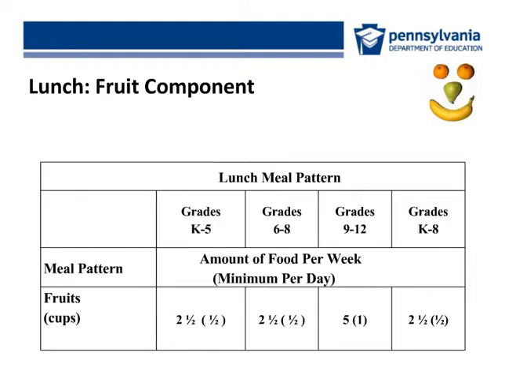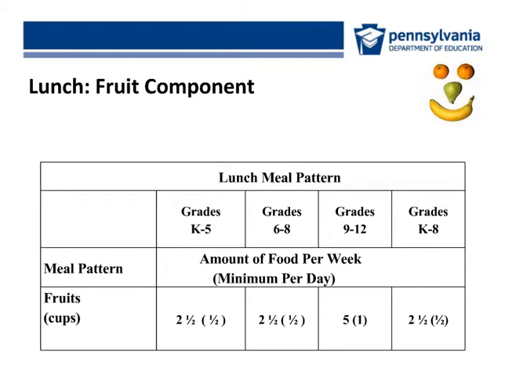This slide here shows the section of the lunch meal pattern chart for fruit. You can see that the minimum weekly requirement at lunch for fruit is 2½ cups for grades K through 5, as well as grades K through 8 and 6 through 8. And a minimum of 5 cups per week for grades 9 through 12.